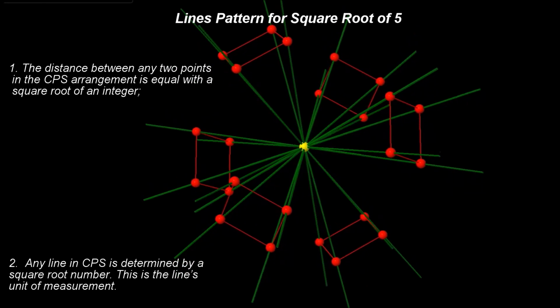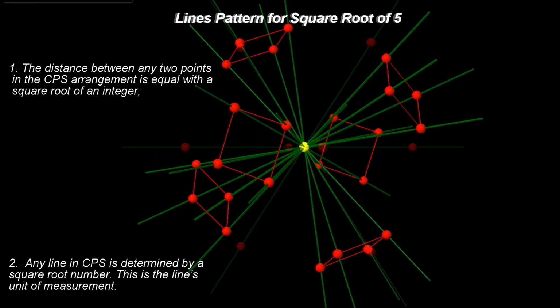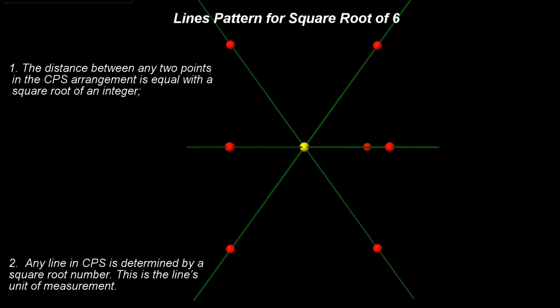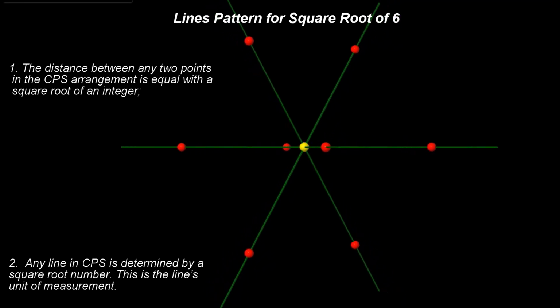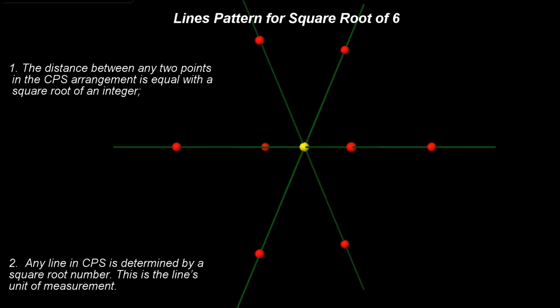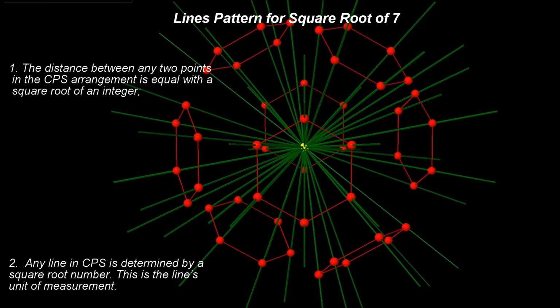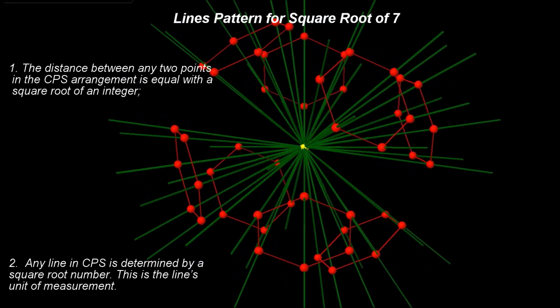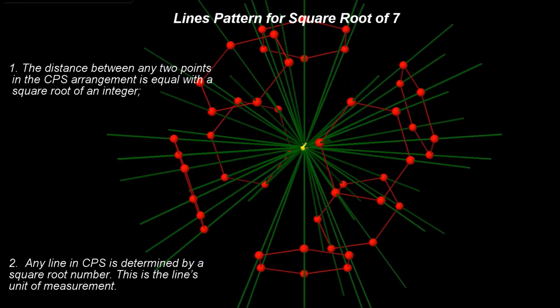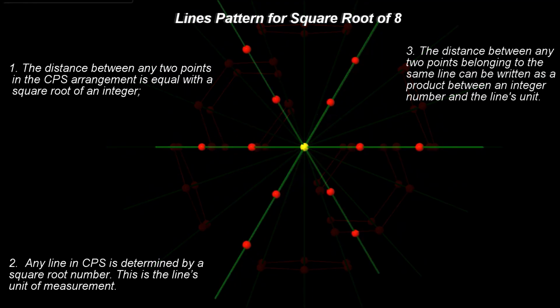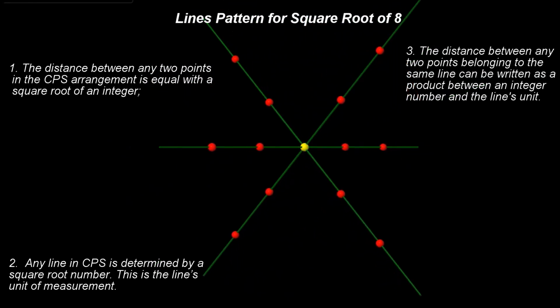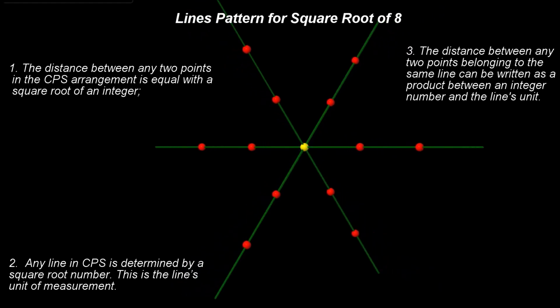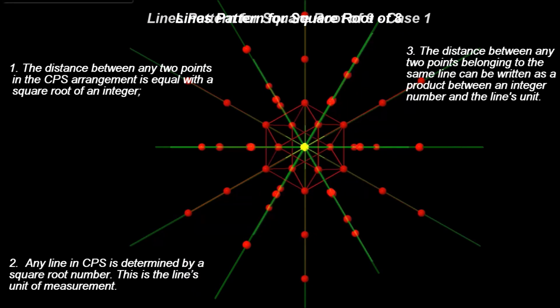It is time to draw a few conclusions from our investigation. 1. The distance between any 2 points in the CPS arrangement is equal to the square root of an integer. 2. Any line in CPS is determined by a square root number. This is the line's unit of measurement. 3.